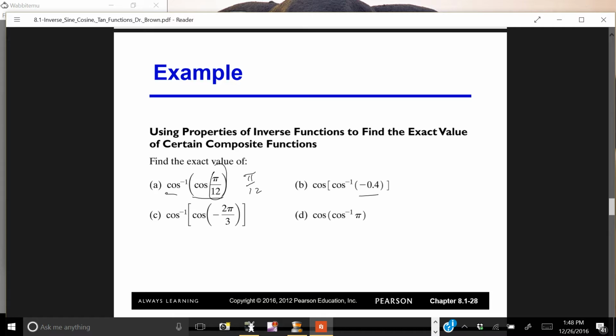Notice that the cosine function is between minus 1 and plus 1. So cosine of the inverse cosine of minus 0.4 is going to be minus 0.4.